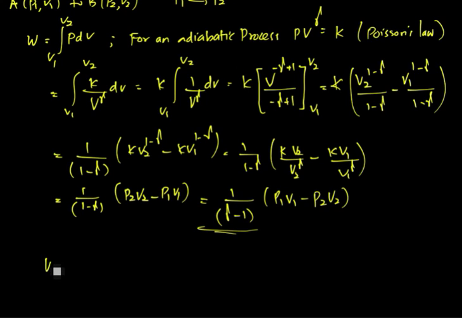So the work done during an adiabatic process of a perfect gas is given by W is equal to 1 divided by gamma minus 1 into P1 V1 minus P2 V2. Now we can express it in terms of temperature also.